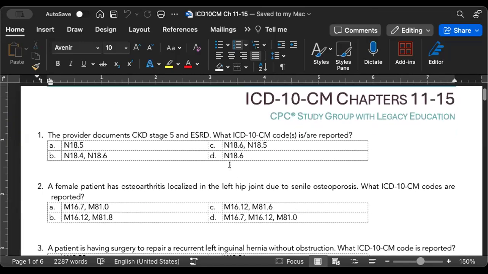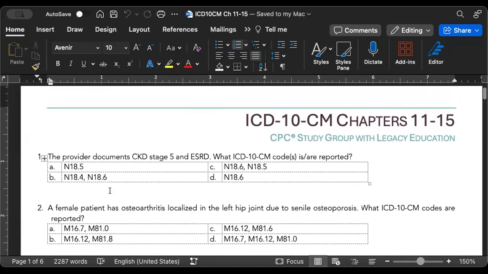So we have number 1. If a provider documents that the patient has chronic kidney disease, stage 5, as well as end-stage renal disease, what ICD-10 code or codes should we report?